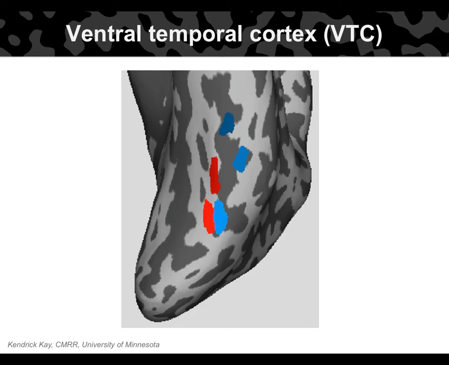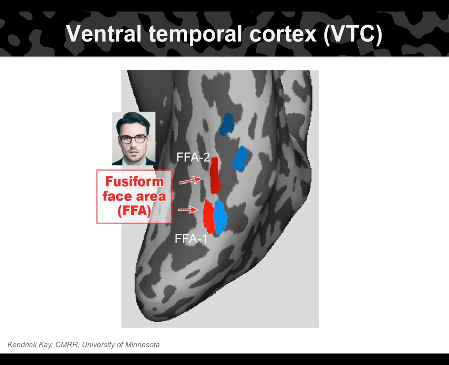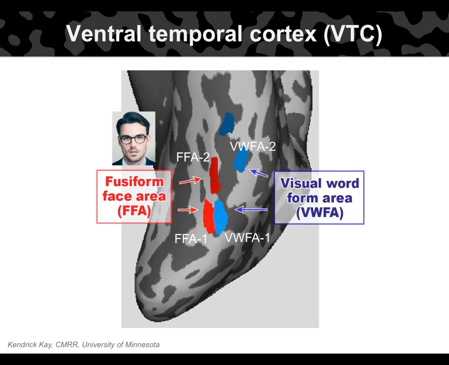This is a ventral view of the left hemisphere of a subject, and in red are cortical regions that have selectivity for faces, known as fusiform face area, and in blue are cortical regions selective for words, known as visual word form area.